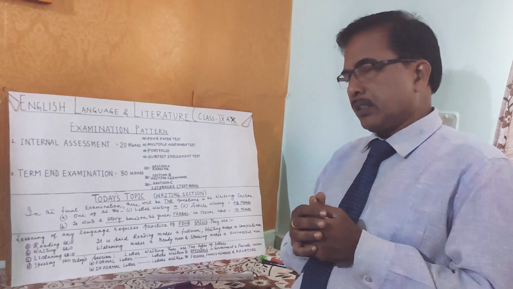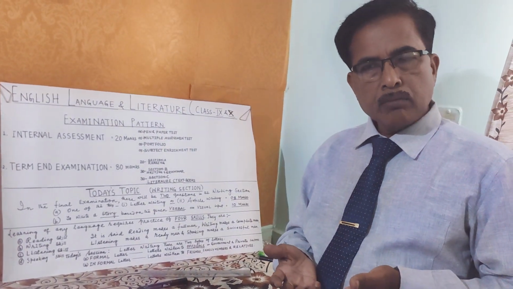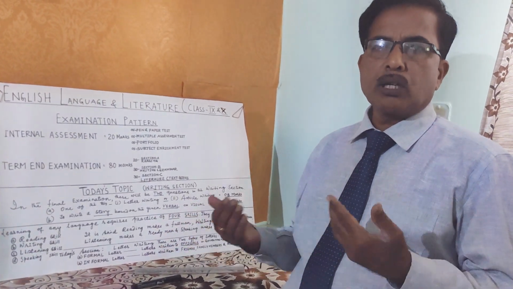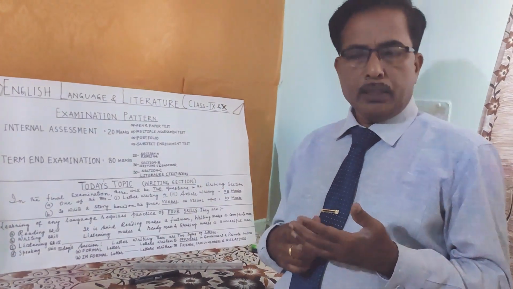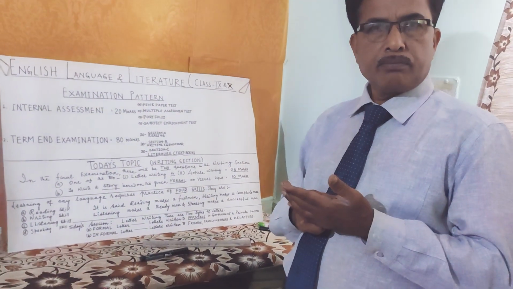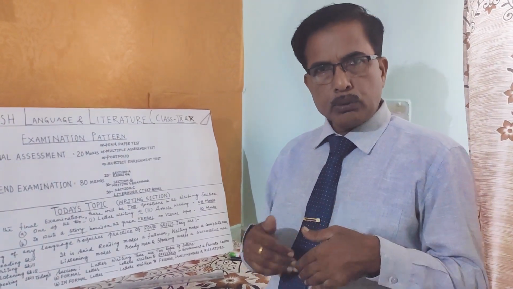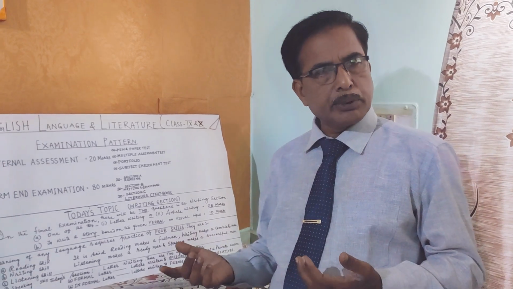A formal letter is written to any higher authority, maybe of government or private sector, for solving our problem. In the same way, we also have informal letter. An informal letter is that letter which we write to our friends, family members and relatives.